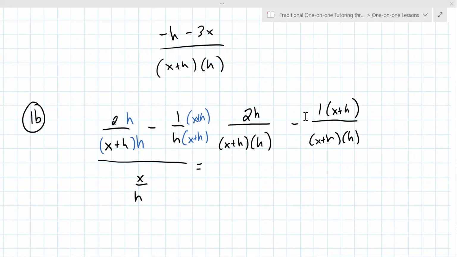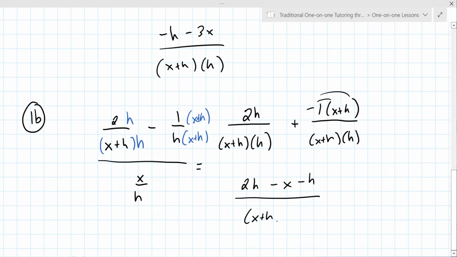Okay, so just like the previous problem, you're going to distribute that negative to both. So it's going to be 2h minus x minus h in the numerator. So it would be h minus x again. Yes.